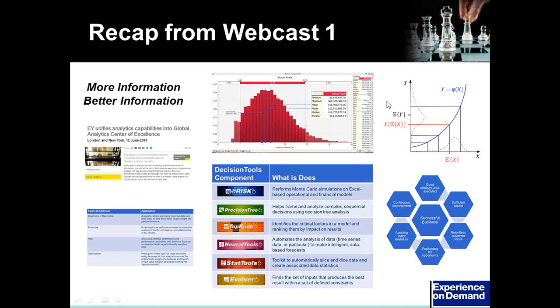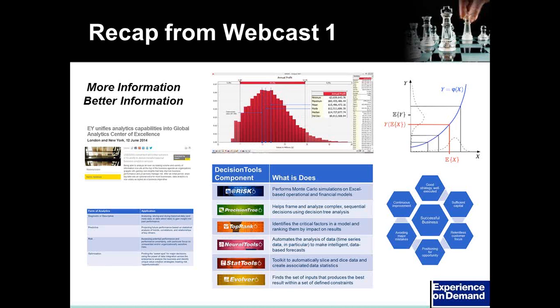The key driver of this behavior, we introduced the mathematical law known as Jensen's inequality, and we covered how that is really the fundamental reason why the simulation results will tend to differ from the deterministic results.